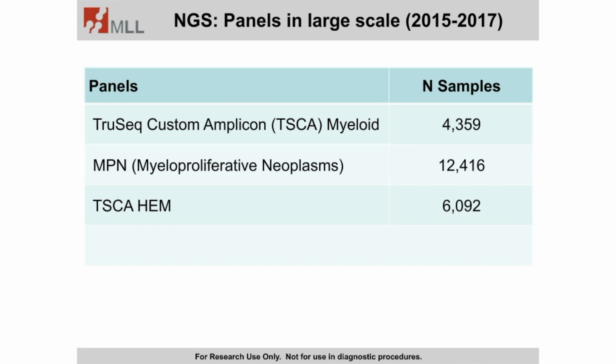This is JAK2, calreticulin, and MPL. We have used it more than 12,000 times, and the heme panel more than 6,000 times over the last 2 years. Summing up, more than 500,000 genes were investigated by using panels and the respective workflows and NGS instruments.